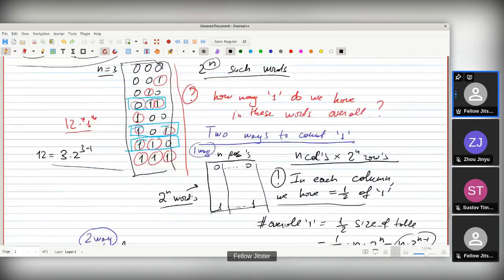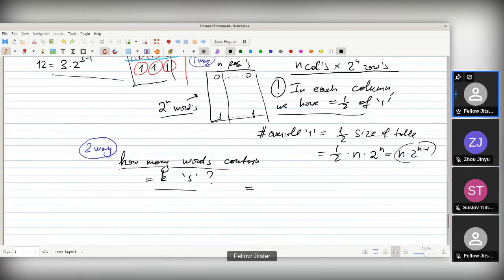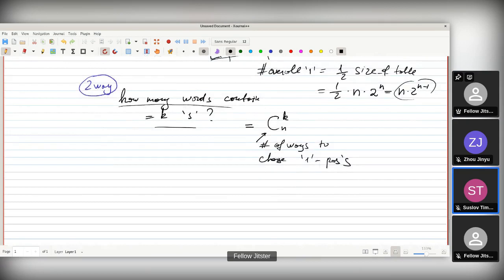Yeah. So for arbitrary k, we have n choose k words that contain exactly k unities, because this is the number of ways to choose the positions for these unities. Is it clear? Yeah. But look, there are as many words with k unities.